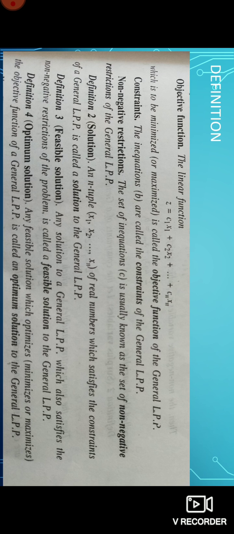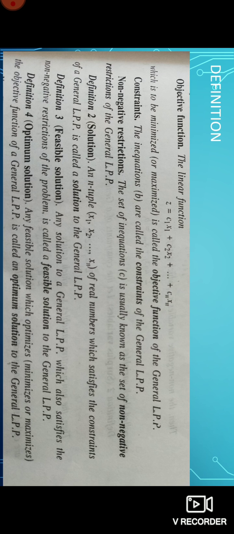Students, next definition, feasible solution. Any solution to the general LPP, meaning linear programming problem, which also satisfies the non-negative restrictions of the problem is called a feasible solution in the general linear programming problem.